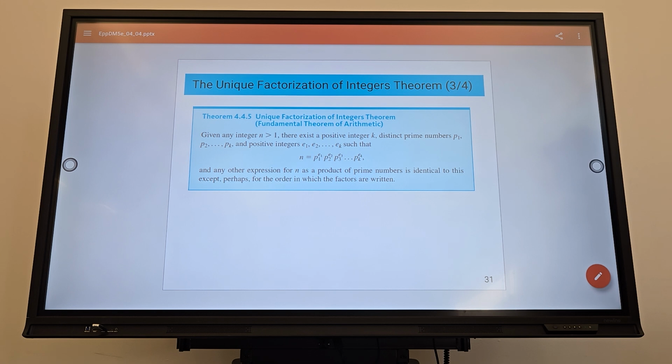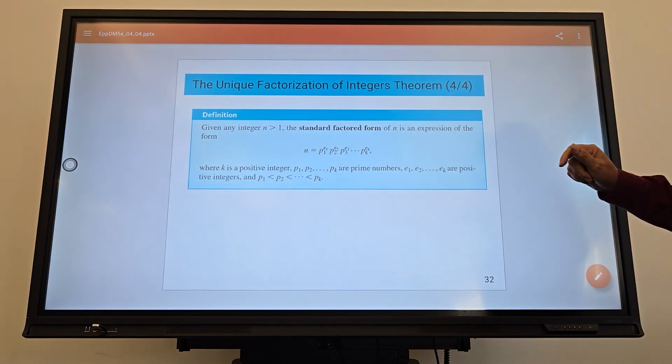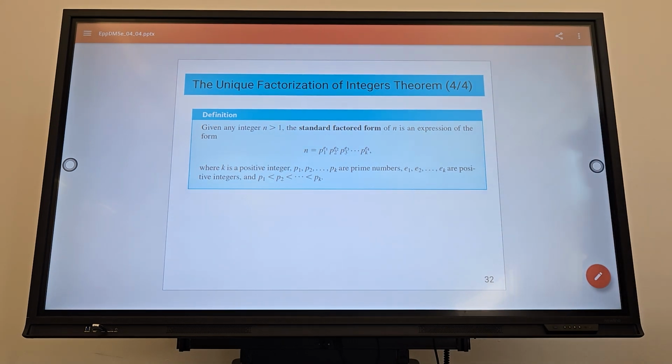Any other expression for n as a product of prime numbers is identical to this, except perhaps for the order in which the factors are written. The standard factored form has the prime numbers ordered from low to high, going from left to right, such that p1 is less than p2, which is less than p3, and so forth, less than pk.